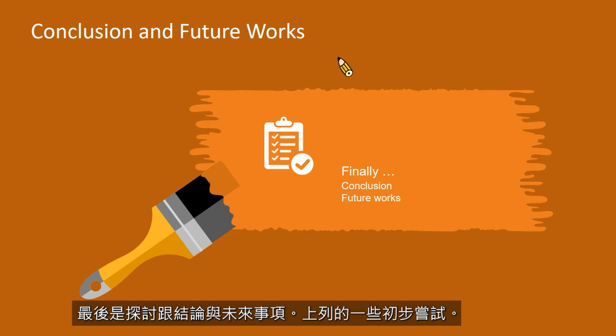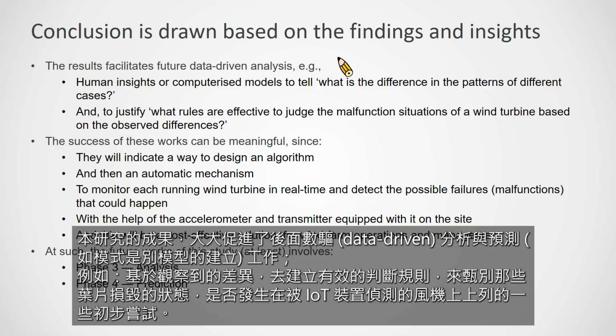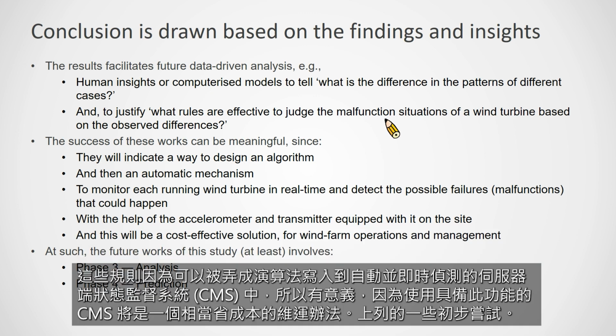Finally, we come to the conclusion and future work. The results of this study facilitate future data-driven analysis and prediction. For example, to justify what rules are effective to judge the malfunction situations of a wind turbine based on the observed differences.